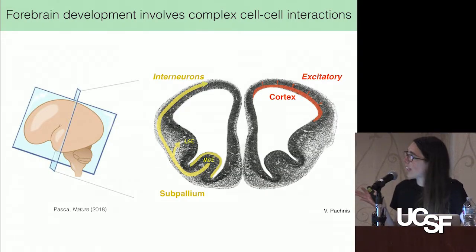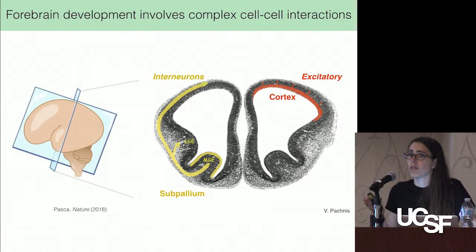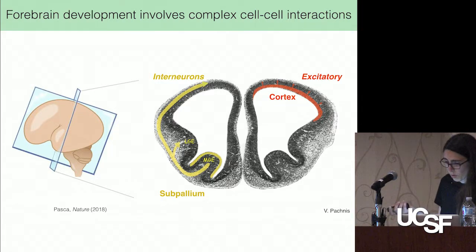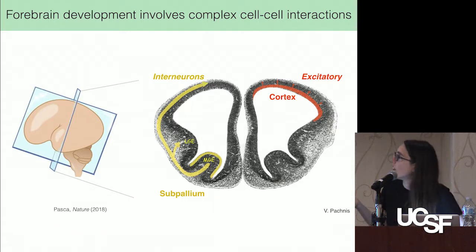And this excitation and inhibition balance relies on the proper assembly of excitatory neurons and inhibitory neurons into a functional network in the cortex. But what you need to know is that these two different neurons are actually born in very different parts of the brain during development. So here you have a section of the developing forebrain.